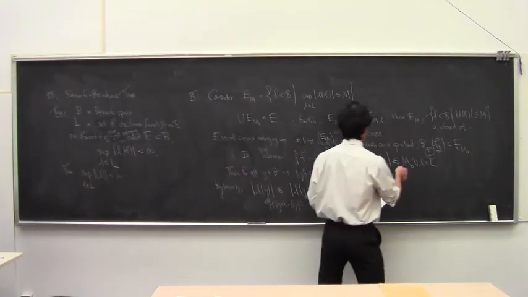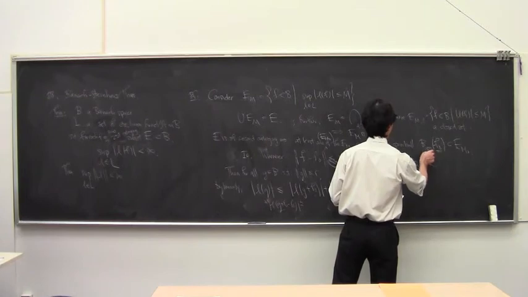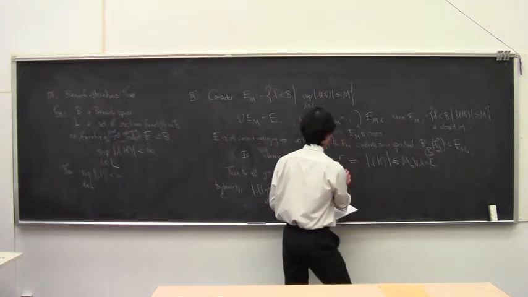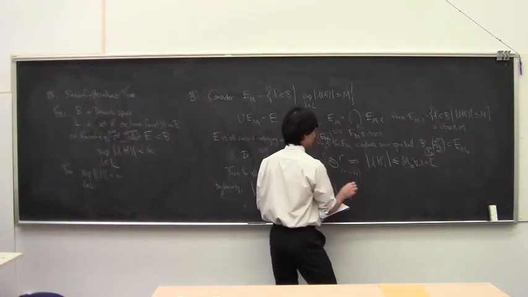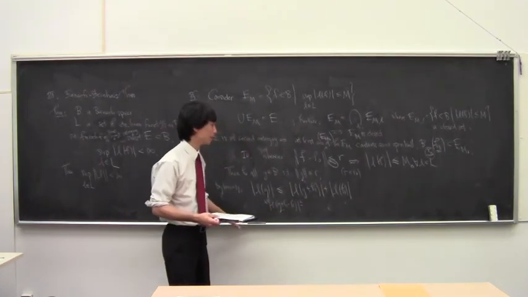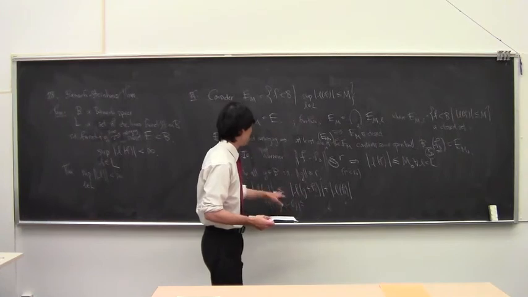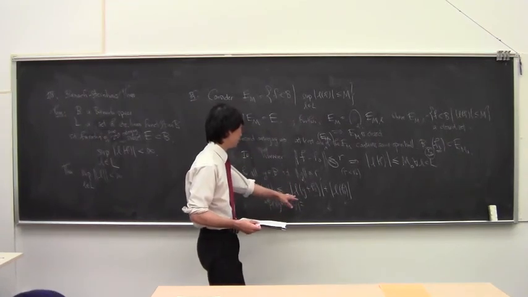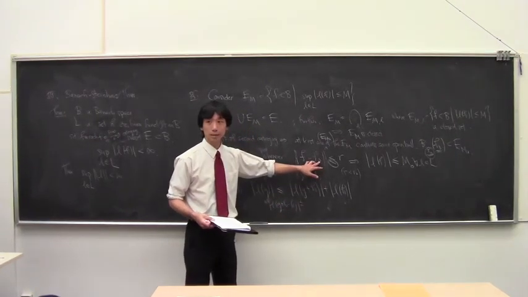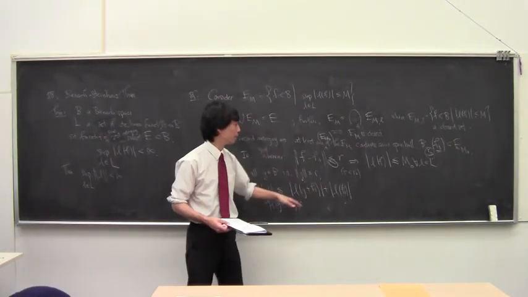So let me call this r naught, and r is smaller than r naught, just to make it okay.